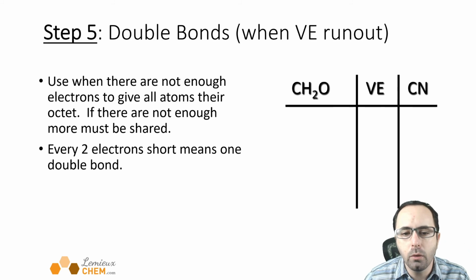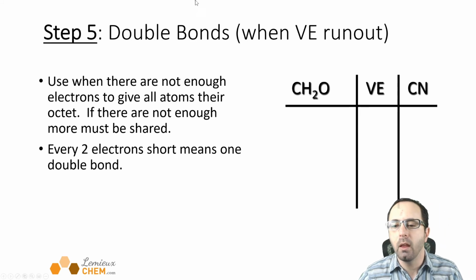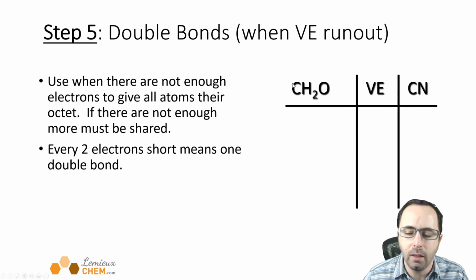So we will only use step 5 when there are not enough electrons to give all atoms an octet. If there are not enough, then we will share the electrons in more than a single bond. So we will make what's known as a double bond, where instead of sharing 2 electrons to make the bond, 4 electrons are shared. An example of a molecule that contains a double bond is formaldehyde, CH2O.